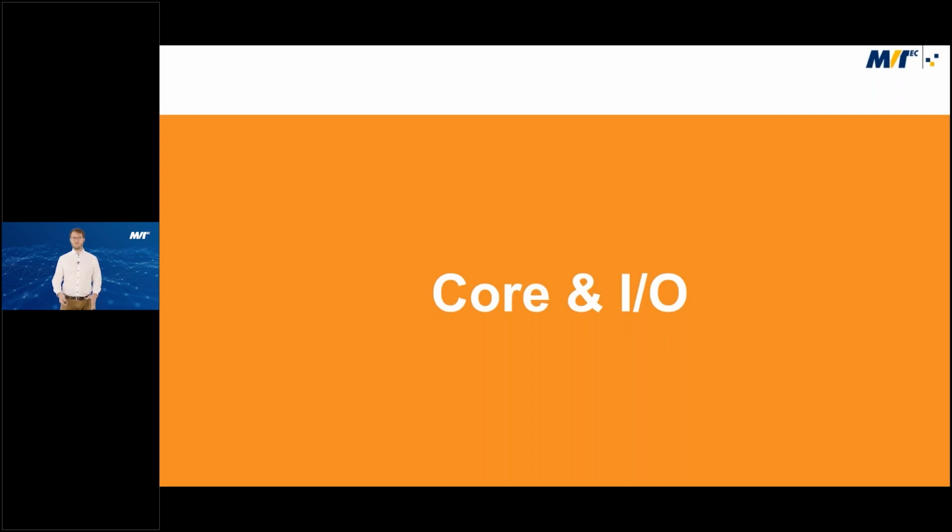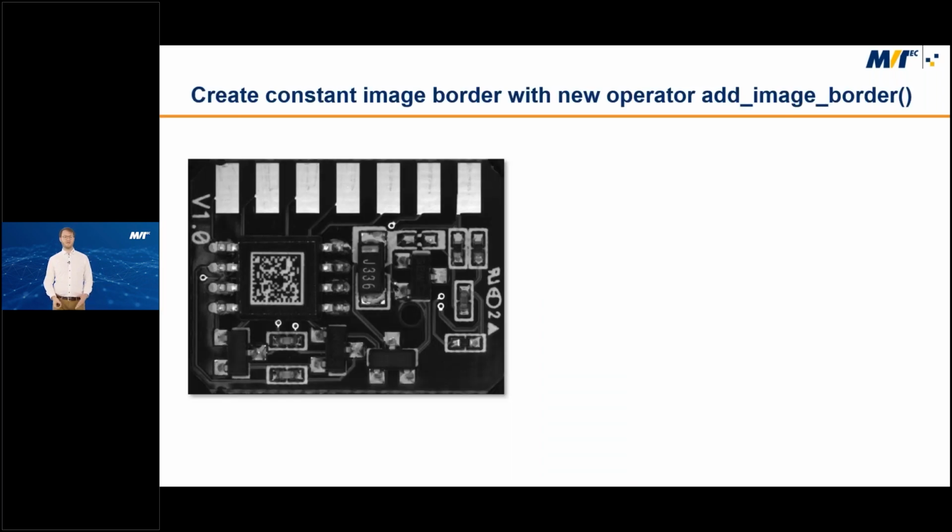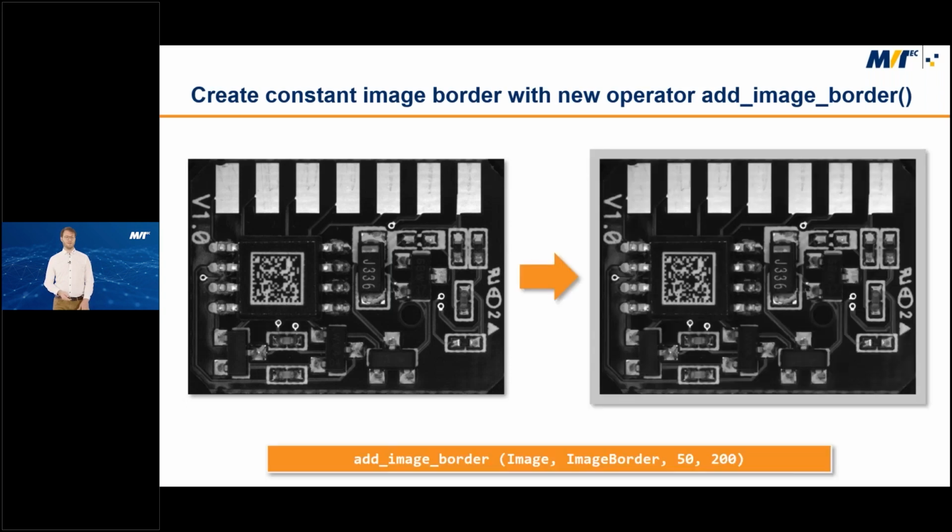First of all, just for core HALCON operators, you can now create a constant image border with the new operator add_image_border. So a simple operator, but quite powerful in the right setting. It has a couple of settings, so you can either use just one image border for all sides. So if you use just 50 here in this case, all sides will be enlarged by 50.